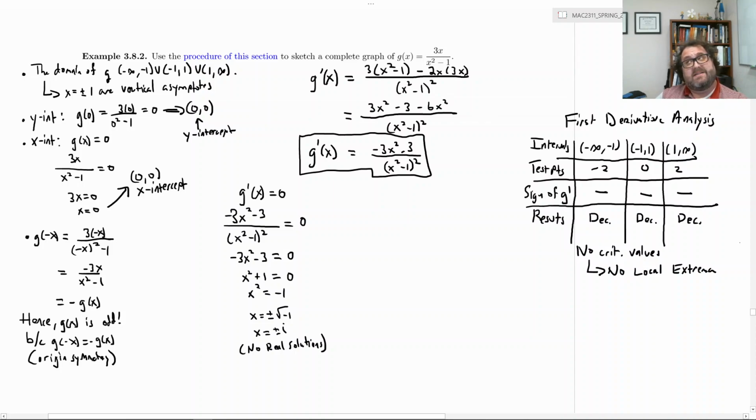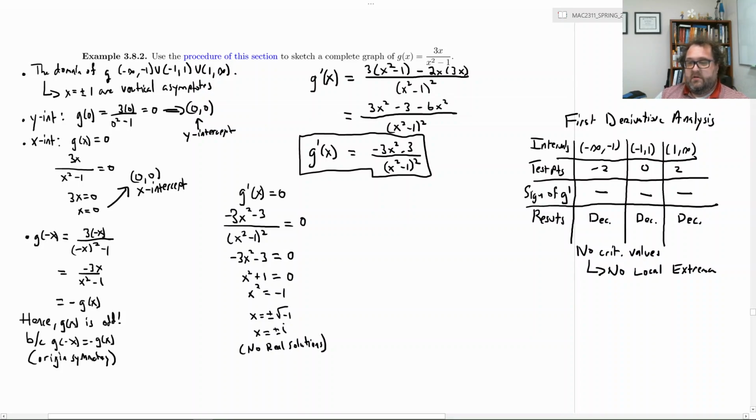And by the way, since this is a function that doesn't have a closed domain, we can say there's going to be no extrema at all. There's not going to be any global extrema either, because the only time you can have a global extrema that's not also a local extrema is when that global extrema occurs at the endpoint of a domain. But here there are no endpoints of the domain because we have a bunch of open intervals. So there's going to be no extrema of any kind of this function.